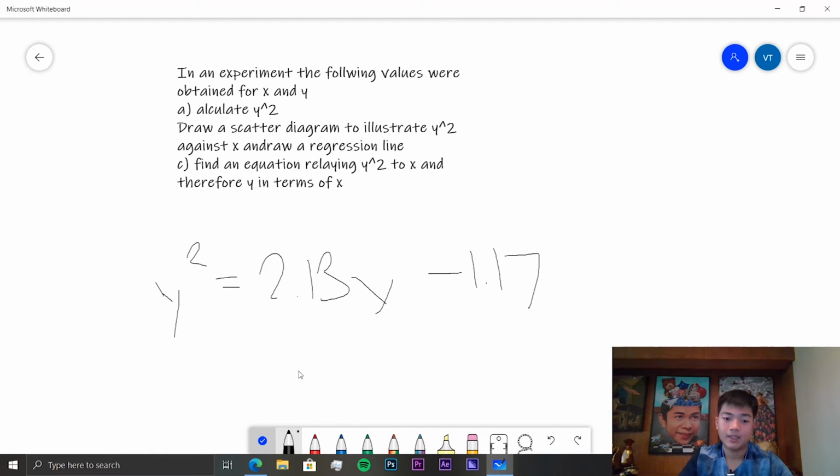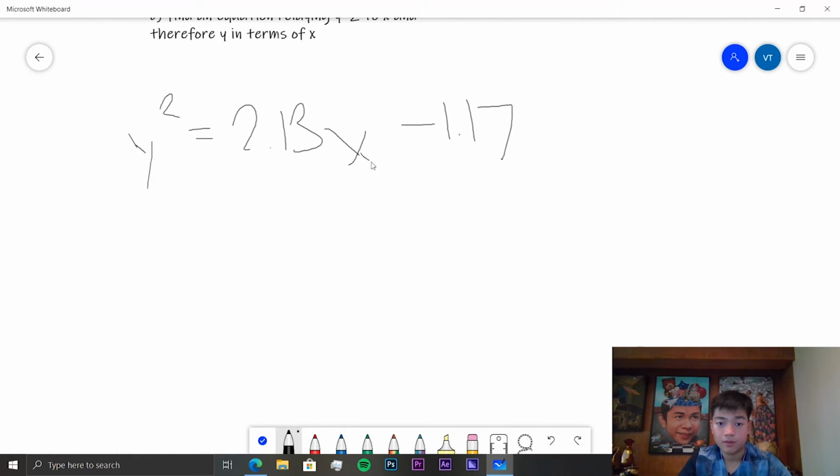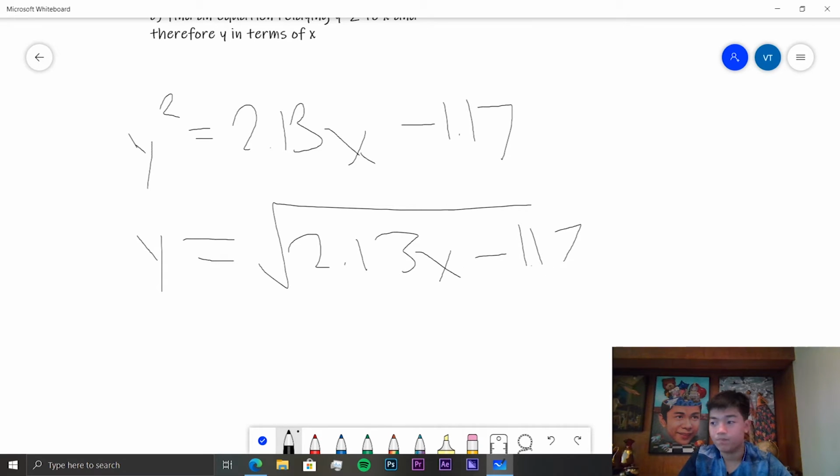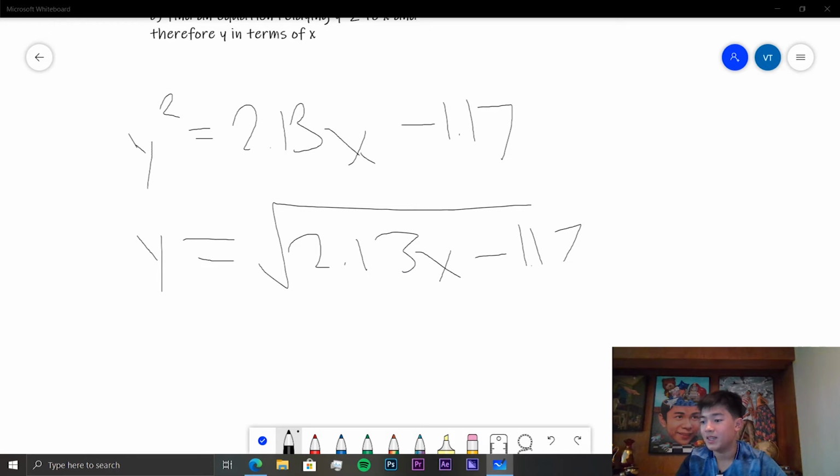And so y is equal to the square root of 2.13x minus 1.17. So you should get something like that, I believe.